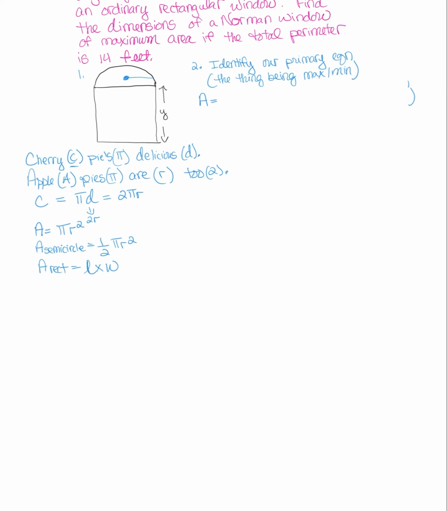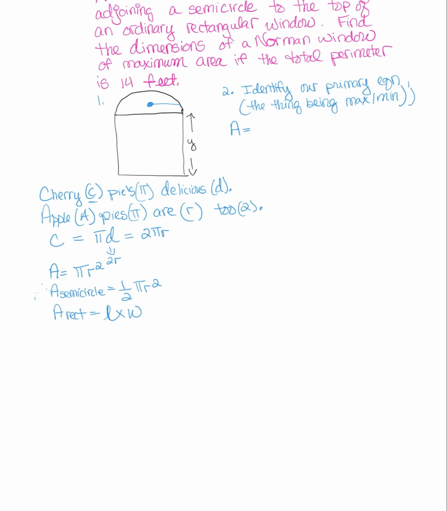All right, so that means that in order to find the area of this entire shebang, we have 2 areas to work with. We have our length times our width plus 1/2 pi r squared.